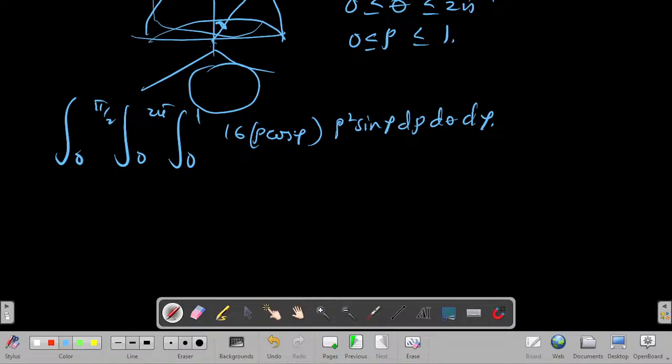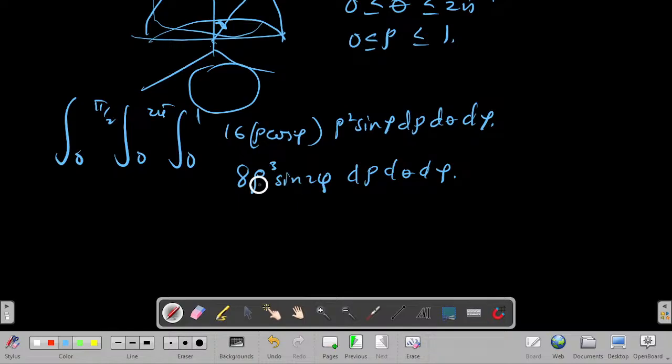Once you get that done, remember that when I simplify, I have rho cubed, I have cosine, I have sine. I'm going to have cos phi sine phi, and I can replace it with sine 2 phi. By replacing it with sine 2 phi, I'll introduce a half. That will make this 8 rho cubed sine 2 phi. Please take note of that. Then it will come with d rho d theta d phi.